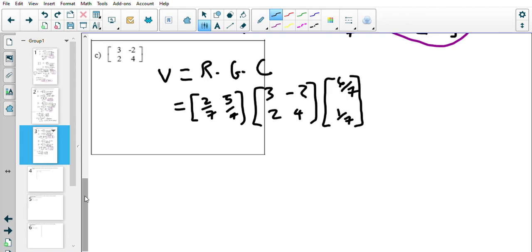And for C, we have our column 6/7 and 1/7. Okay, so I've just put these in my calculator as A, B, and C. So then I just need to call A times B times C. And this is what I get as my value.